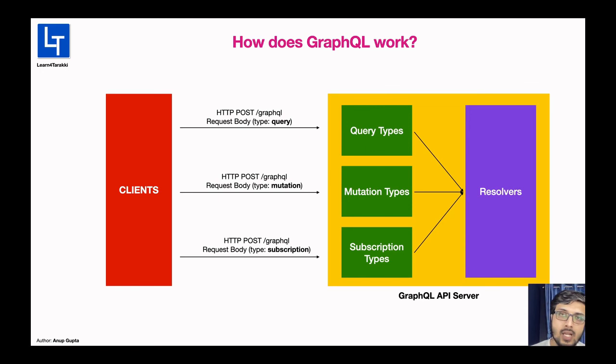Similarly, if the query that comes from the client is of type mutation, the mutation type gets mapped, the resolvers associated with it get invoked, and they respond back to the client. So this is how GraphQL works.